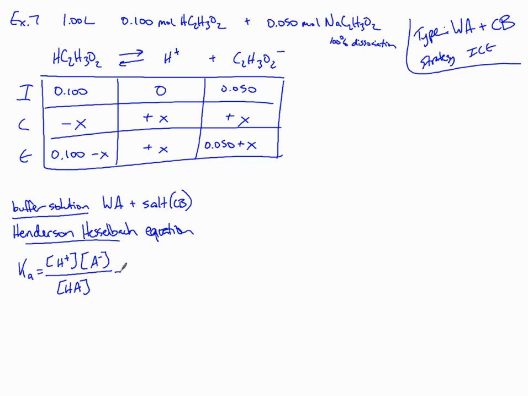Another way that you could write this is hydrogen concentration, and then it's times the fraction of the anion concentration over the weak acid concentration.